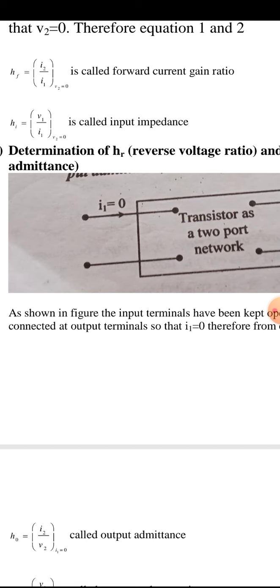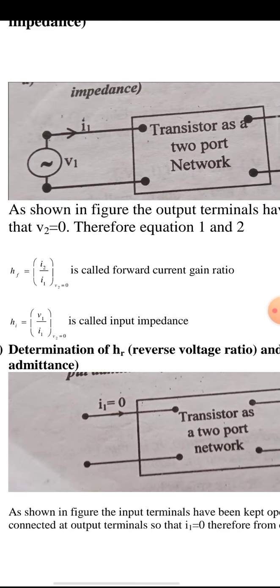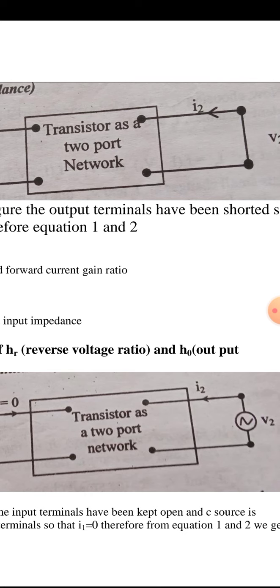For the calculations of forward current gain and input impedance, the output side is shorted, which means that V2 is equal to 0.